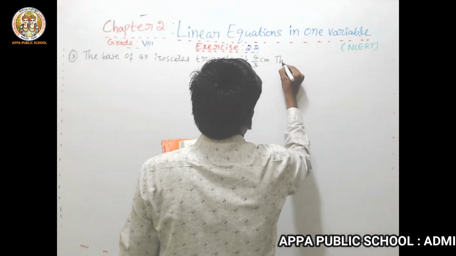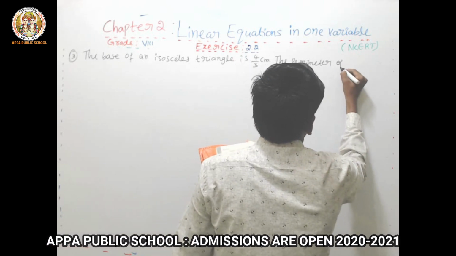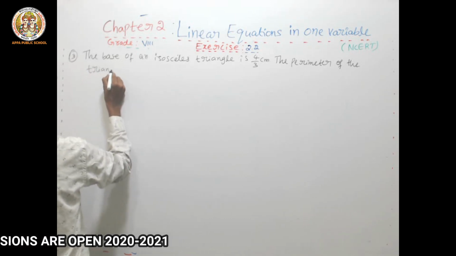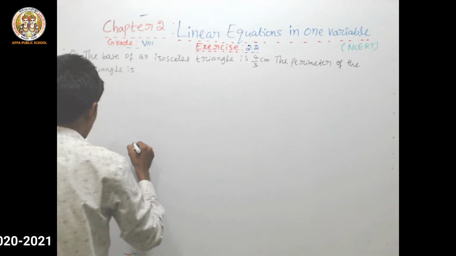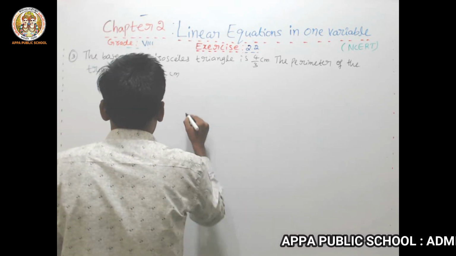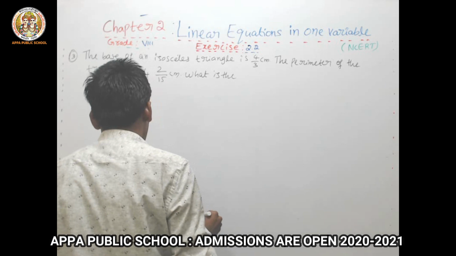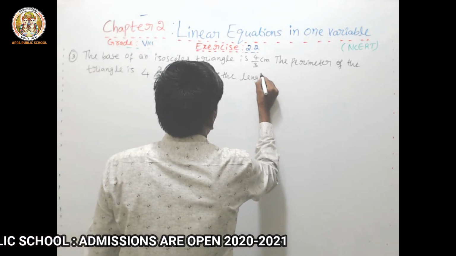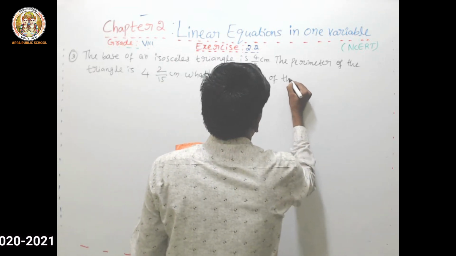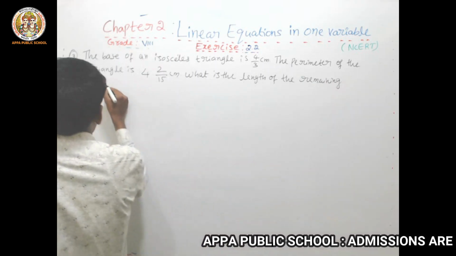The perimeter of the triangle is 4 integer 2 by 15 centimeter. What is the length of the remaining equal sides?